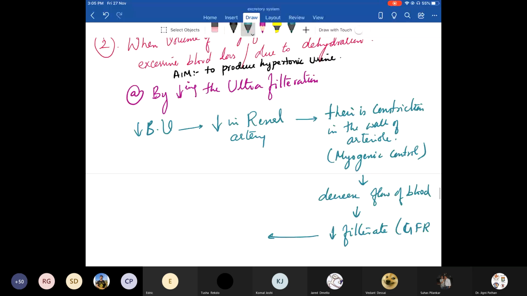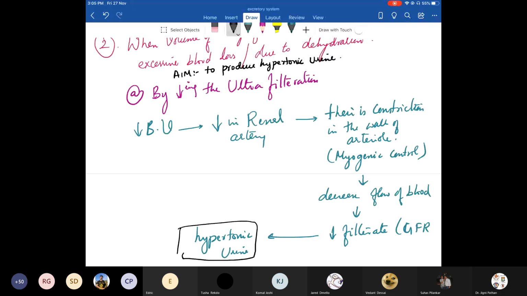When GFR is decreased, there is hypertonic urine, with less water.